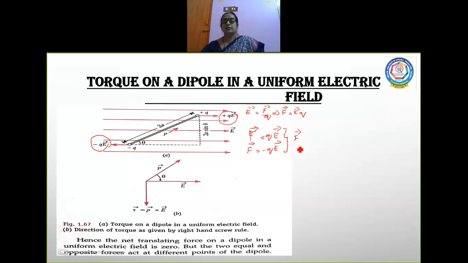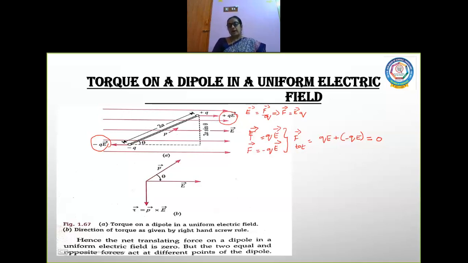So F total will be qE plus minus qE, which results to 0, right? So the net force exerted is equal to 0. So the net force on a dipole in a uniform electric field is 0.